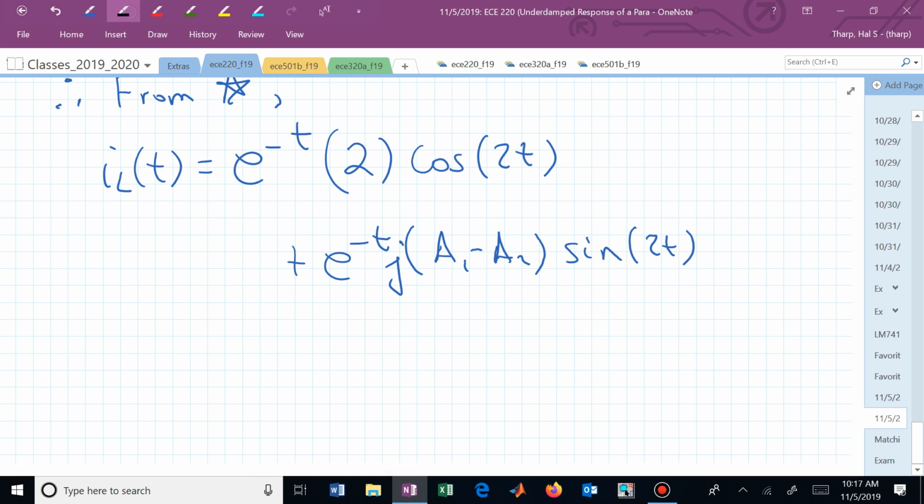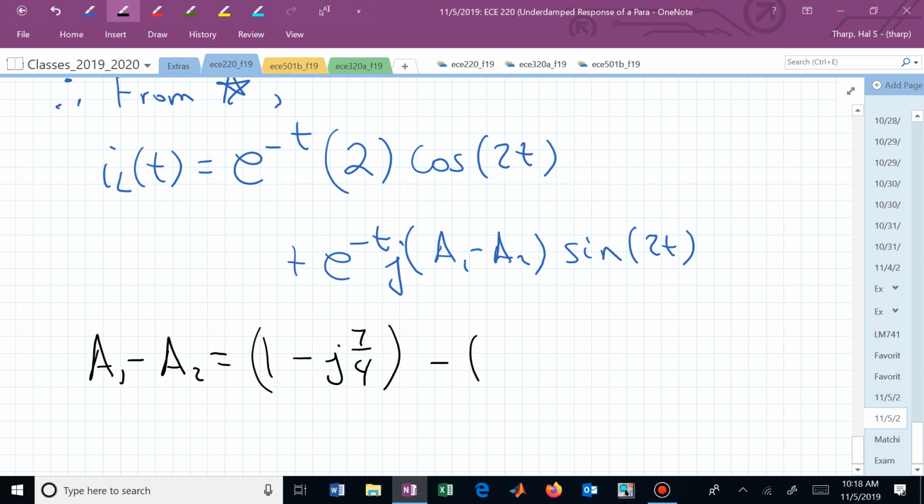And A1 minus A2, A1 was 1 minus j 7 over 4 minus (1 plus j 7 over 4). The real parts cancel. The imaginary pieces come in with a negative sign, and we have 2 of those. So we end up with minus j 7 halves.